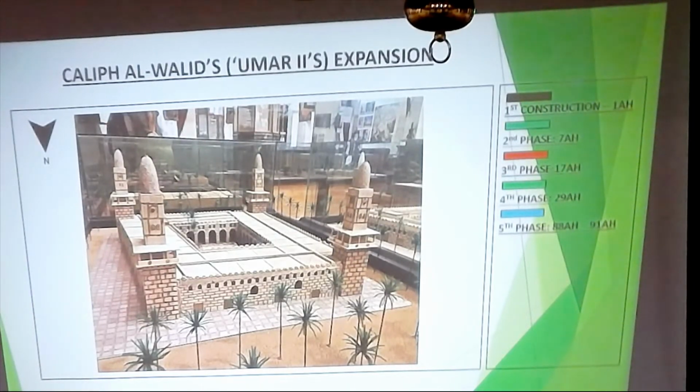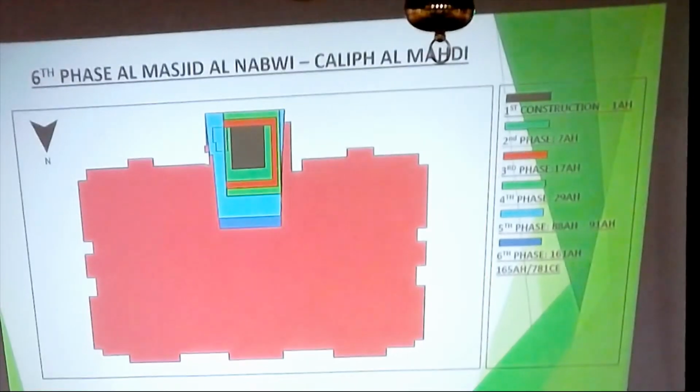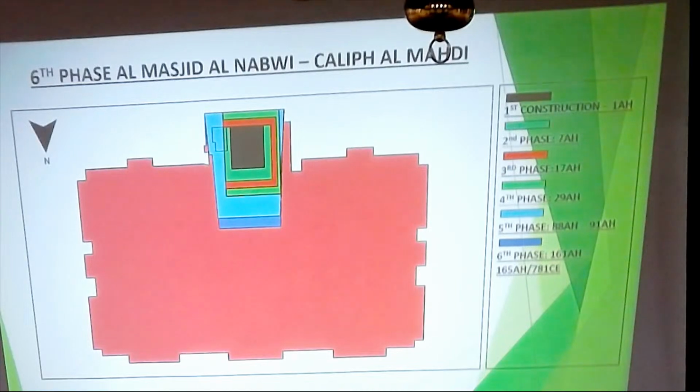Thereafter that, you had the expansion of Khalif al-Mahdi, and this took place in 161 Hijri and continued till 165 Hijri, which corresponds to around 781 of the Christian era.